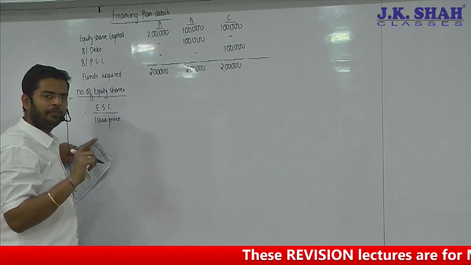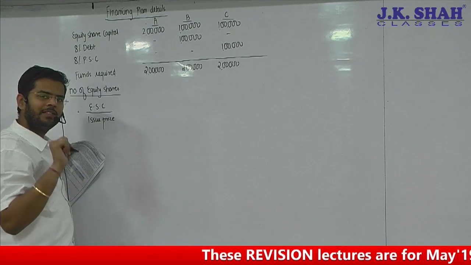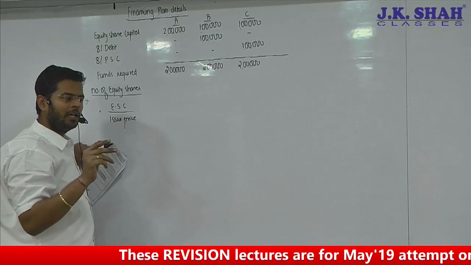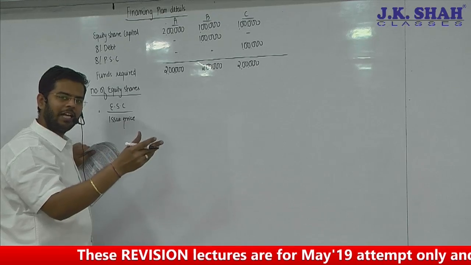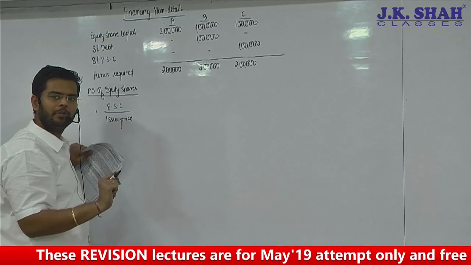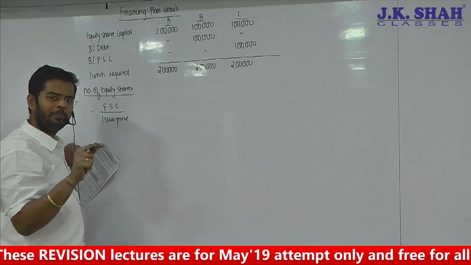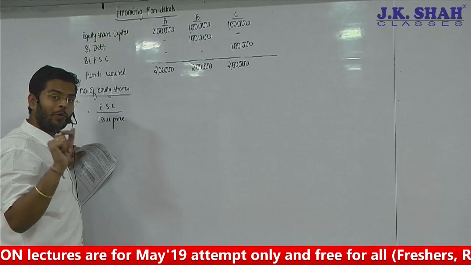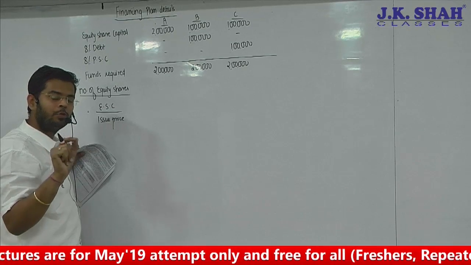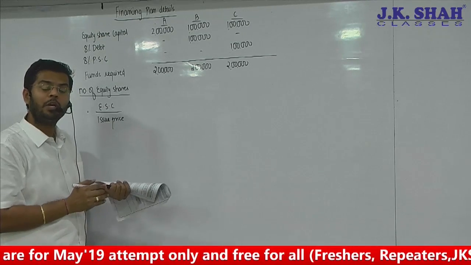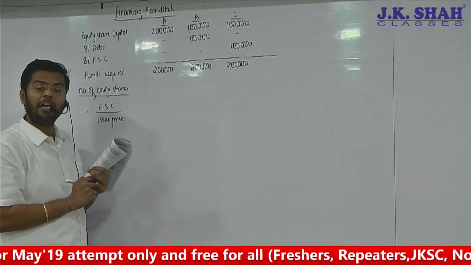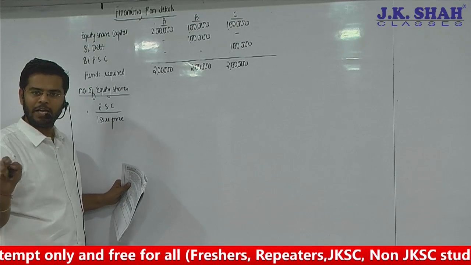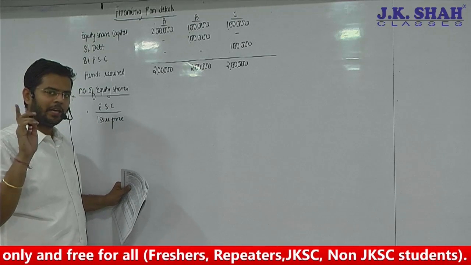What if, friends, the company was an existing company, and this existing company already has some shares which are traded in the market? If the question is silent about the issue price, then we are safe to assume that the new equity share will be issued at the prevailing market price of the existing share. I will again repeat.